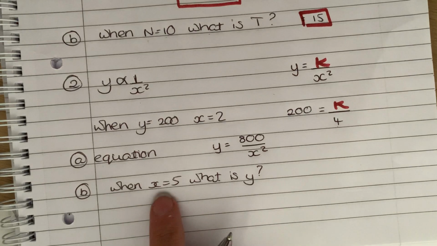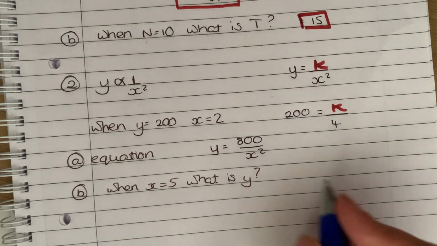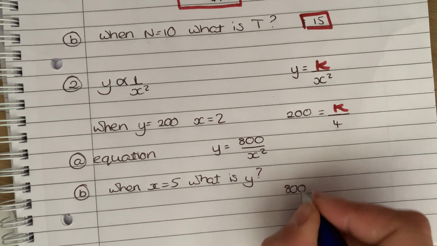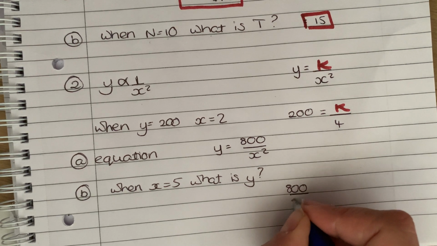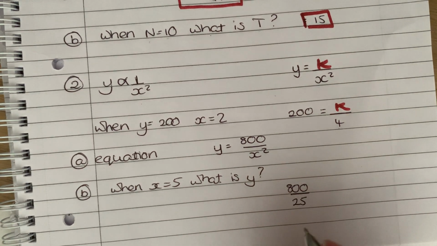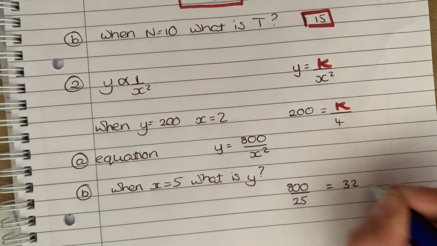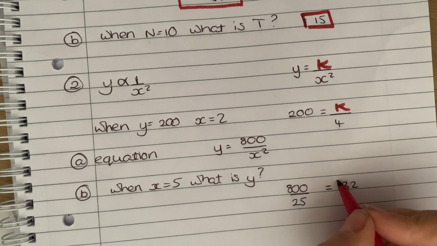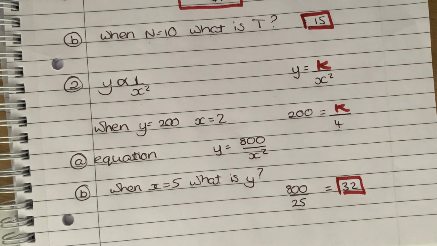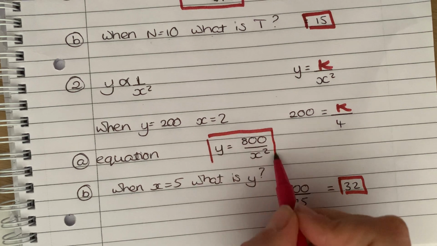Okay. When x is 5, what is y? So 800 divided by 25. Okay, so that will be 32. Okay, right, so that's right.